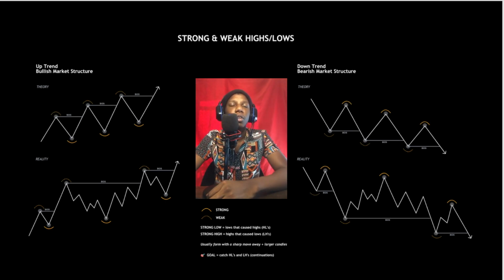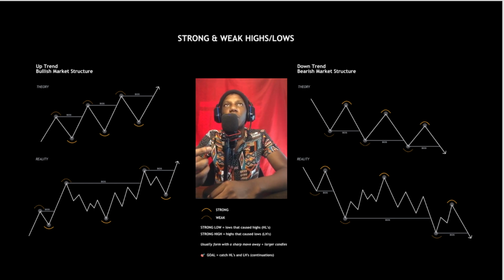Okay, so now we're gonna look at another figure that shows us the same thing but in a slightly different manner. Okay, so now I want to tell you that in an easier sense, there are strong markets, there are strong areas and then there are weak areas that you look for.